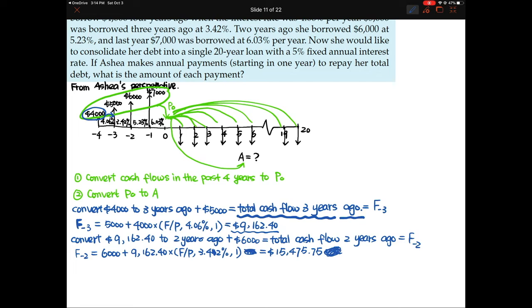Okay, so then you need to convert this F minus 2 to F minus 1. So convert all the cash flow to 1 year ago.